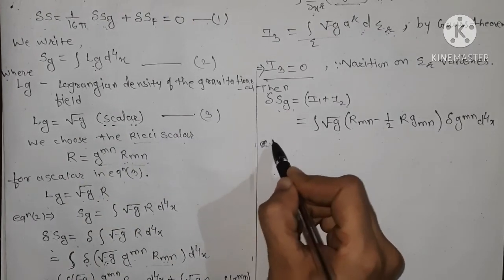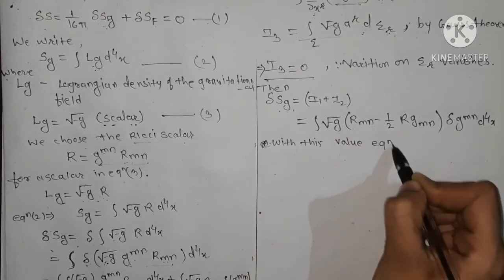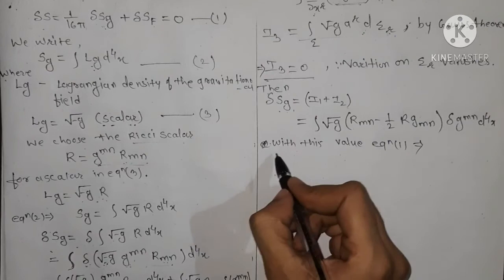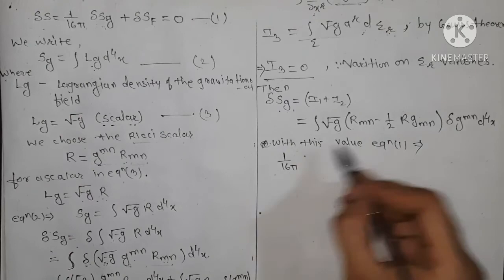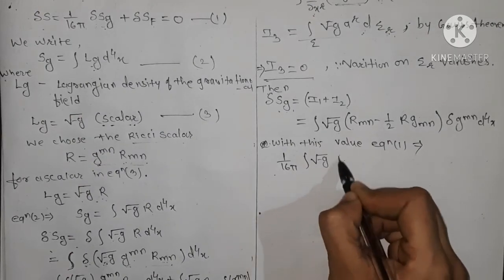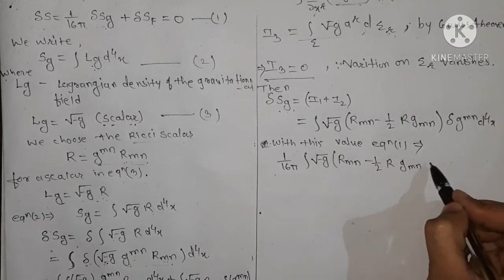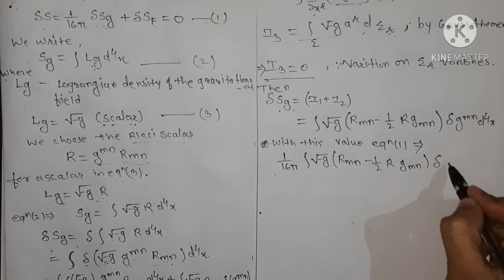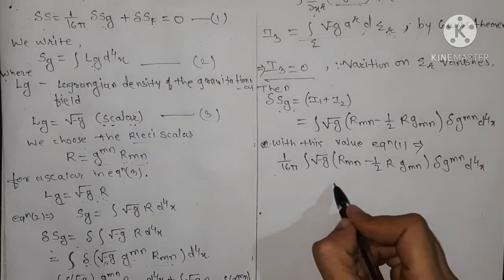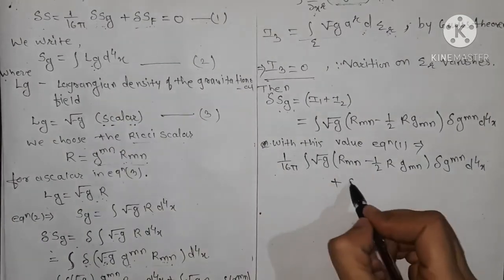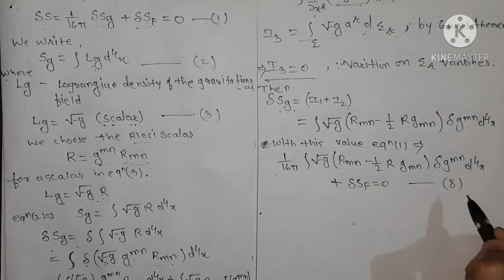So with this value, equation 1 implies 1 upon 16π, the value of δS_g is nothing but this, the integral over under root of minus g, R_{mn} minus 1/2 R g_{mn} into δ of g^{mn} d^4x, plus the value of δS_f equals 0. We give this as equation number 8.